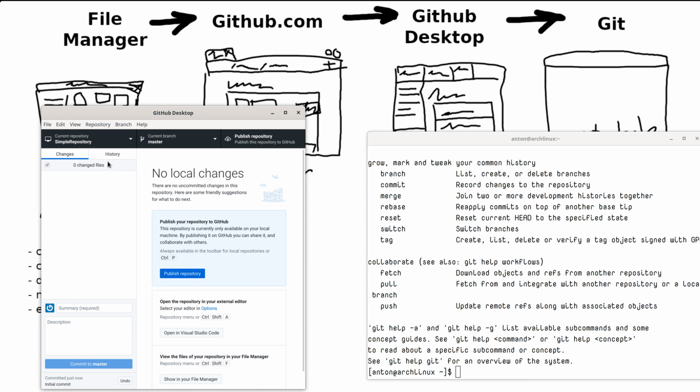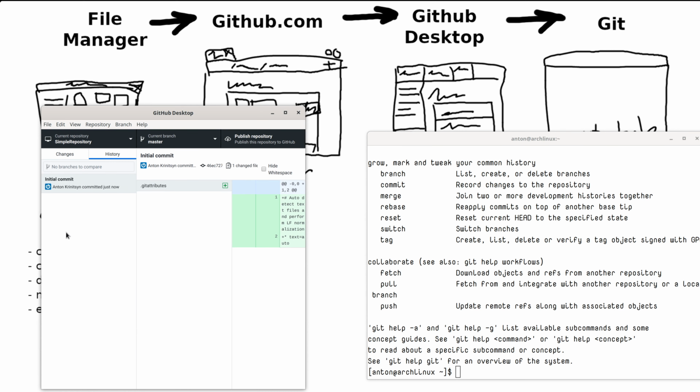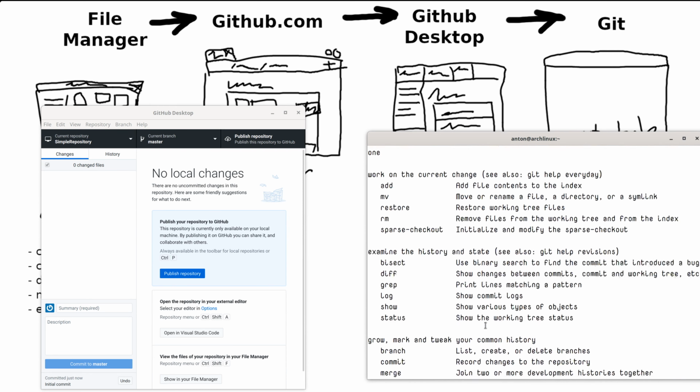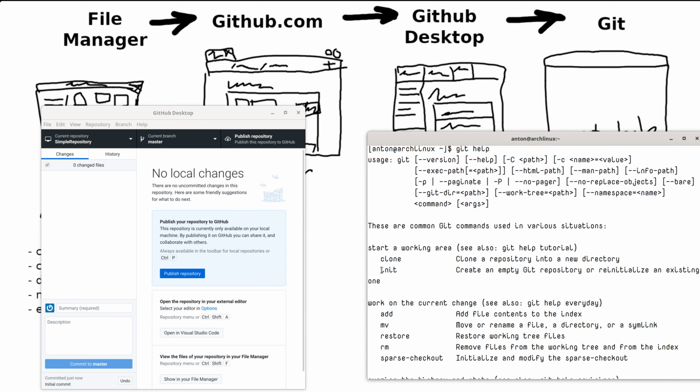Here's our simple repository with one automatically committed change, and this is basically an empty repository. To do the same operation with Git, you type git help and you are looking for this command, git init.